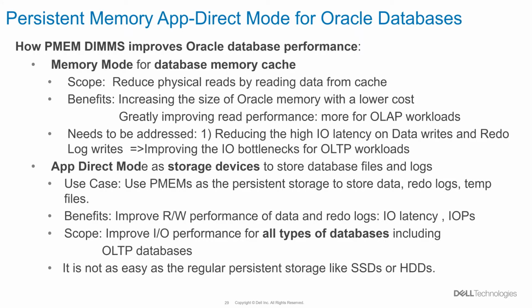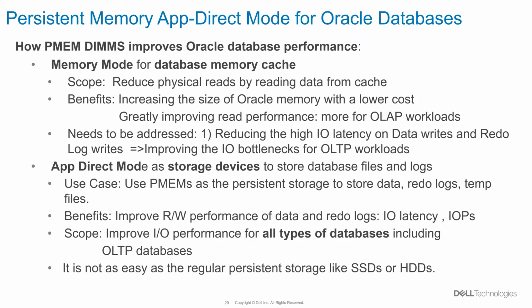The other half of the story is that in a lot of databases, such as OLTP or mixed workload databases, you have very high I/O latency, which memory mode cannot solve, because even if you cache the database, you still have writes. In heavy-write databases such as OLTP, the redo log write can block all database performance.